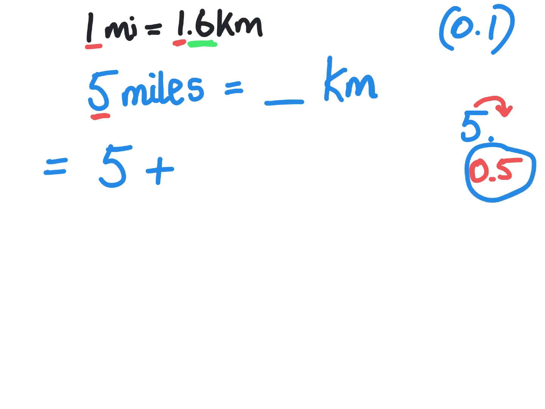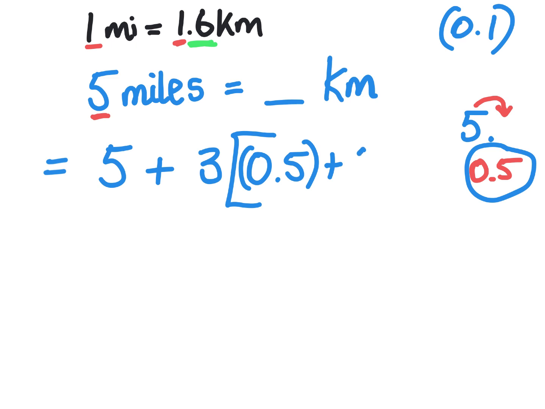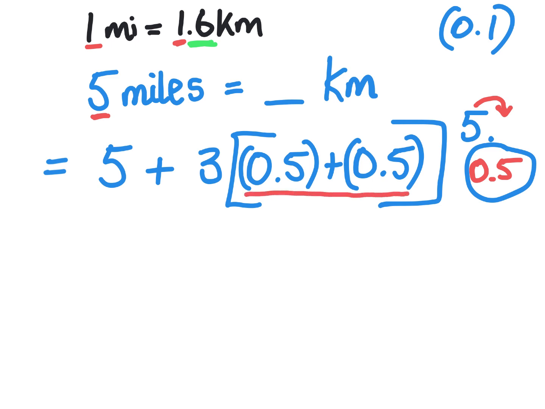So we need 6 of these, really. So what we do is we say we want 3 lots of 0.5 add 0.5. So in other words, we've found 0.2 by adding a 0.1 and a 0.1. And once we've got to our 0.2, we multiply it by 3. And that gives us our 0.6.